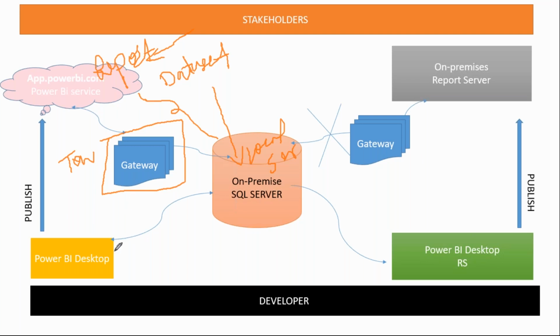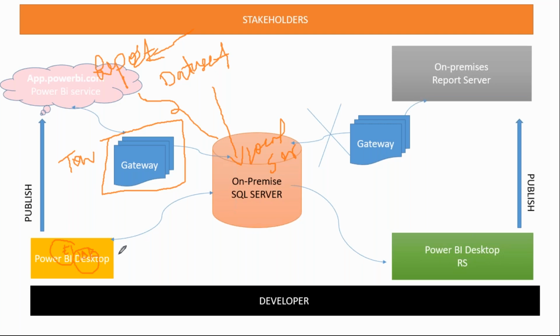What we have done so far is simply create our reports using Excel workbooks. If you have 10K data, we simply place that 10K data into Power BI Service. That's it. But in real time, your data will keep on changing every day. So you are not going to place your data into Excel.